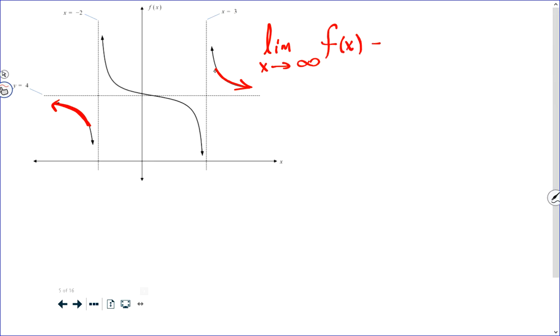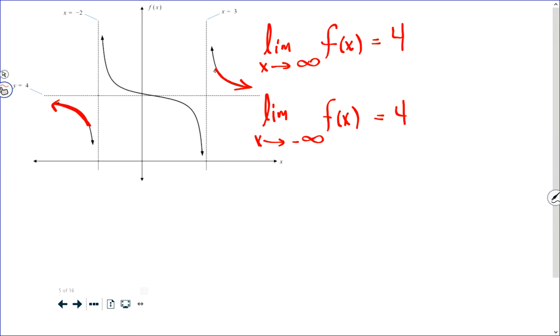As x gets infinitely large, the function will get closer and closer to having a value of 4. On the other side of the graph, as x approaches negative infinity, the function will also approach 4. So the limit of the function, which is telling you what y is approaching, as x extends to infinity or negative infinity, equals 4, and that's where the horizontal asymptote is.